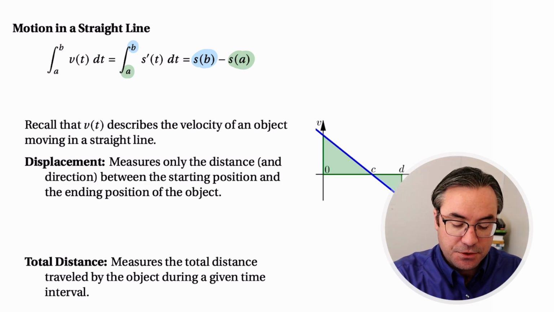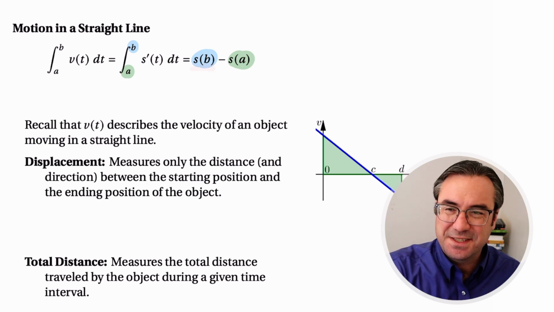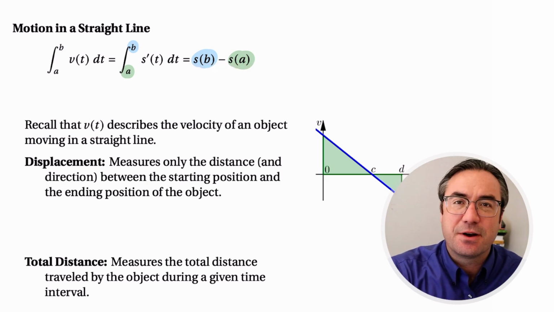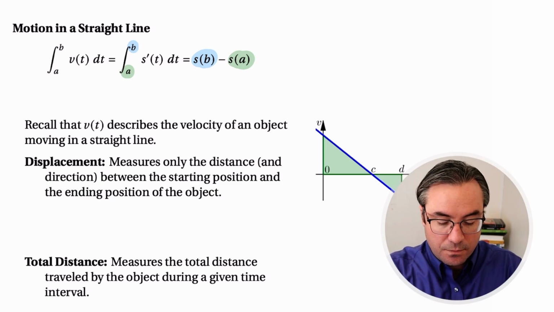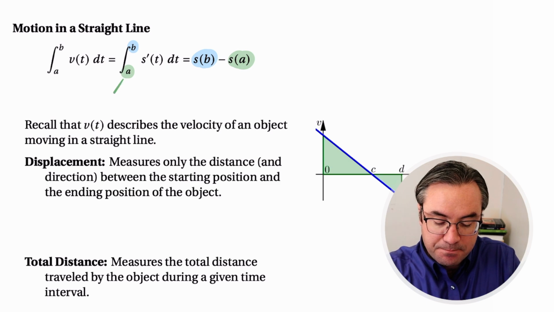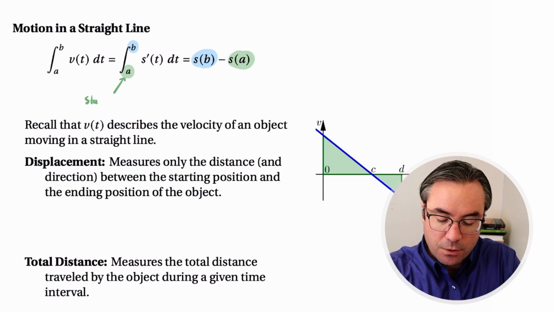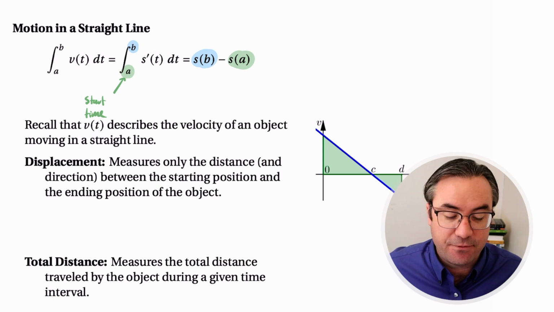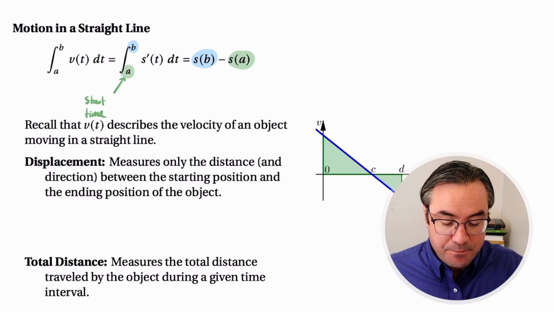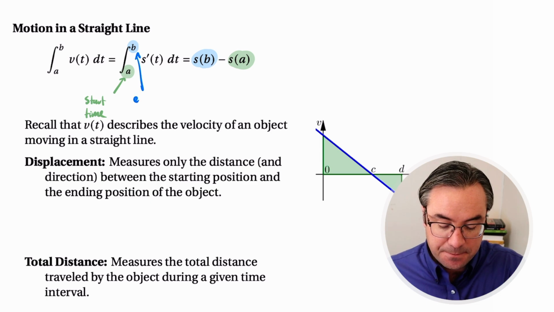Okay, so what is this? What are we getting here after we do this? A is the start time. So we're investigating our object over a time interval going from A to B. A is the starting time for that time interval, and B is the ending time.